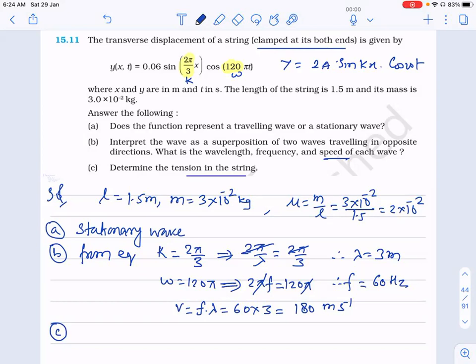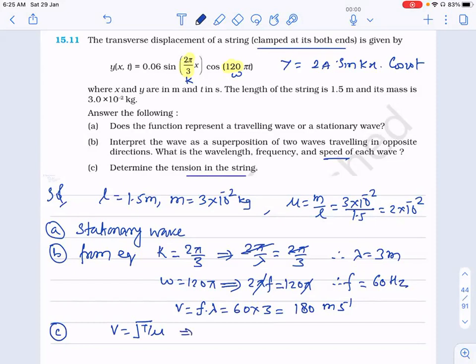So the general formula is V is equal to root of T by mu.